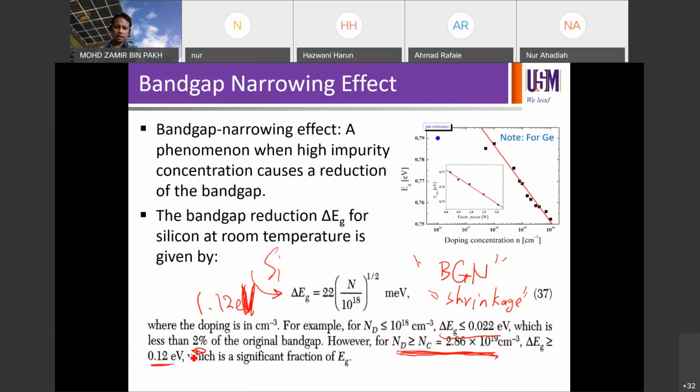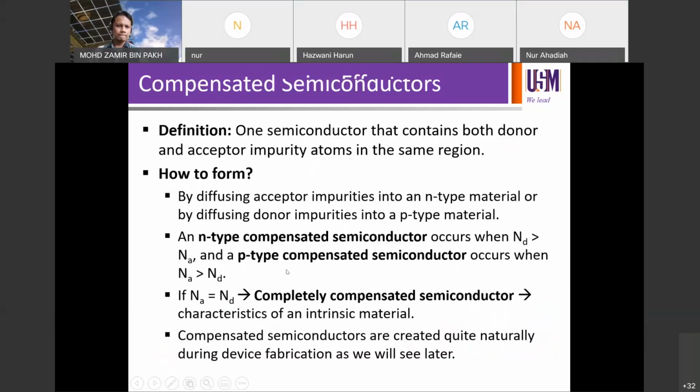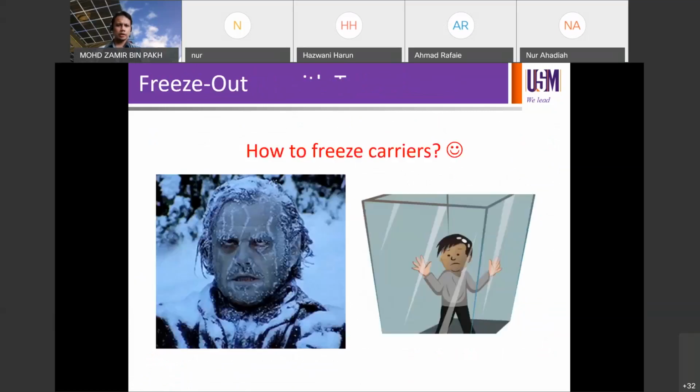If you compare 0.02 eV and 0.12, you can see that this 0.12 is now a more significant fraction of your band gap. So the reduction will be more pronounced if you dope your silicon to more than 10^19, or more than the effective density of states. Okay, is it clear so far? Is it okay?